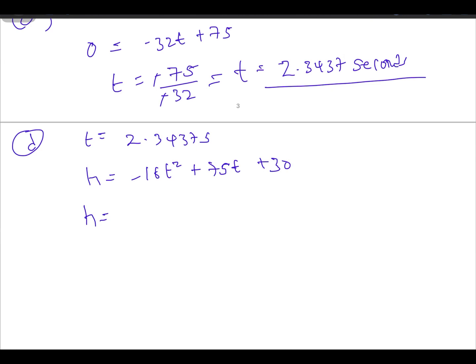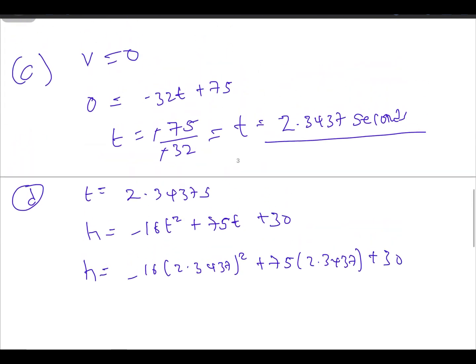Therefore you are going to get negative 16 times 2.3437 squared plus 75 times 2.3437 plus 30, and we can do that using our calculator.